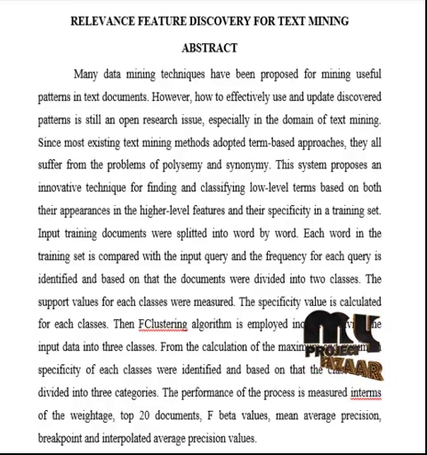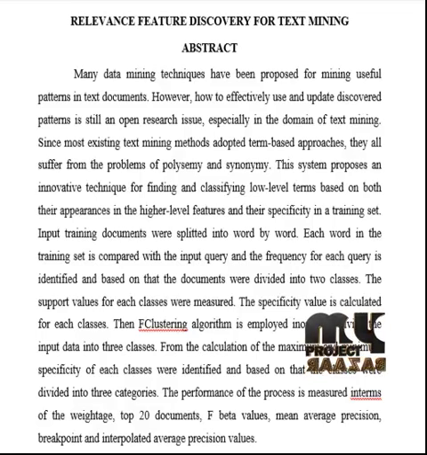Since most existing text mining methods adopted term-based approaches, they all suffer from the problems of polysemy and synonymy. This system proposes an innovative technique for finding and classifying low-level terms based on both their appearances in the high-level features and their specificity in a training set.